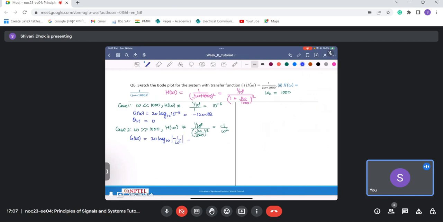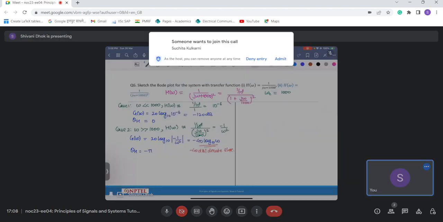So this comes out to be minus 40 log to the base 10 omega. Now observe here, if I increase omega by a factor of 10, there will be a decrease of 40 dB. So this indicates minus 40 dB per decade decay or slope.